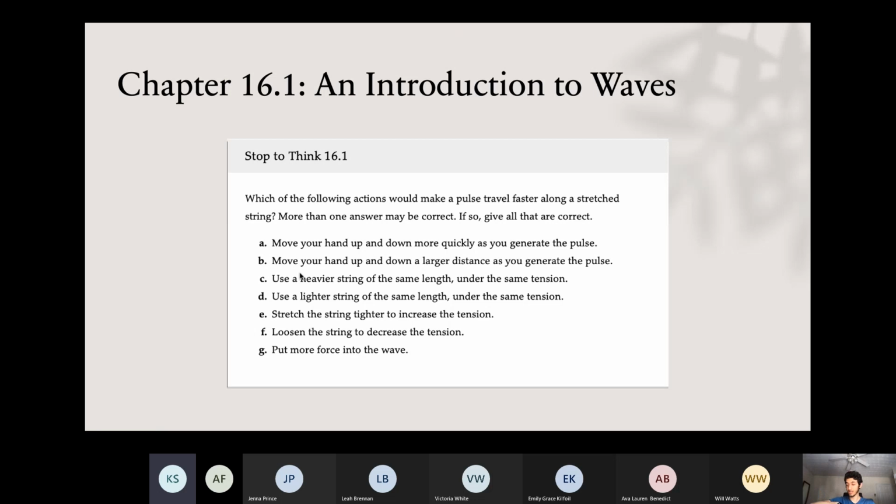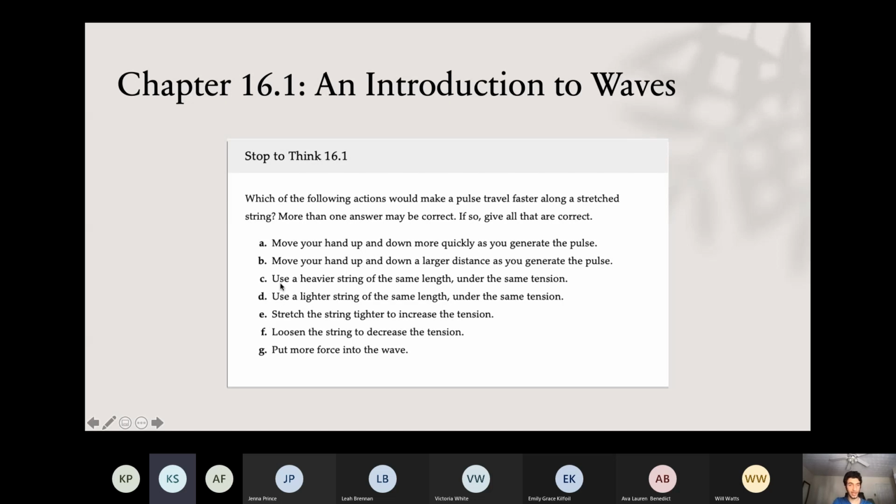Would that change the speed? If no, raise your hand. If yes, don't raise your hand. So I'm taking it everyone is saying yes, it will change the speed, which is not the case, as moving your hand up and down just increases the amplitude. And the amplitude, again, has nothing to do with the speed.